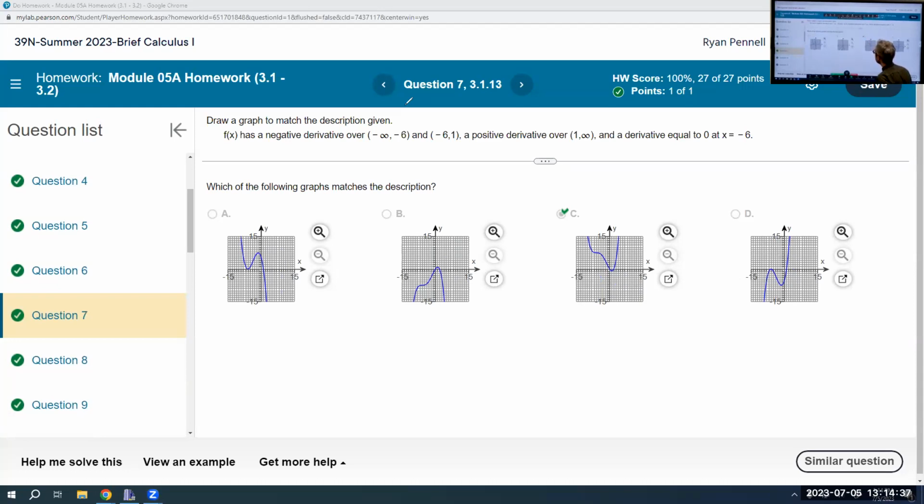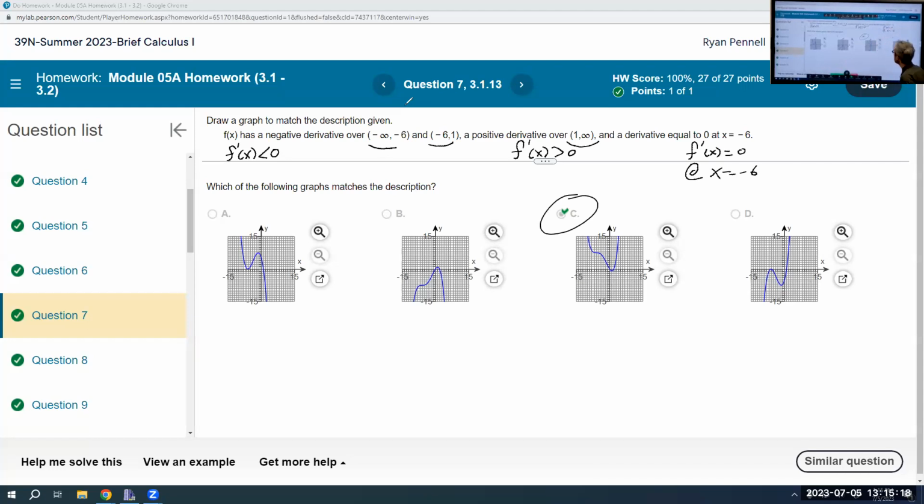Draw a graph to match the given description. F of x has a negative derivative over these 2 intervals. F prime of x is negative over those intervals and positive over that interval, and the derivative is equal to 0, F prime of x equals 0, at x equals -6. That tells you that it's going to have either a maximum or minimum. You can see which one I picked, and hopefully by now you can tell why.